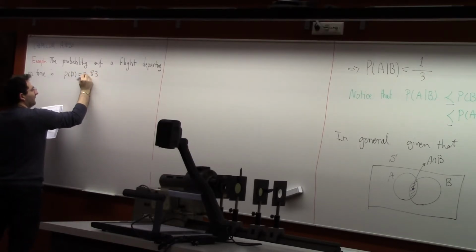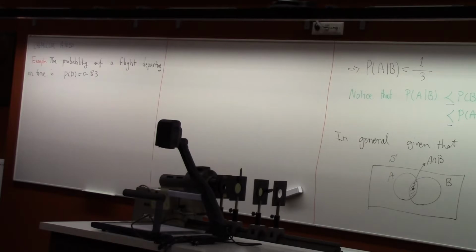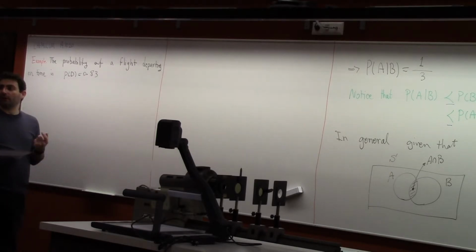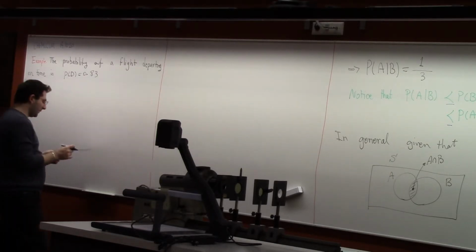So let's give the name: probability of D means probability of depart. If you want to depart on time, the probability is 0.83.